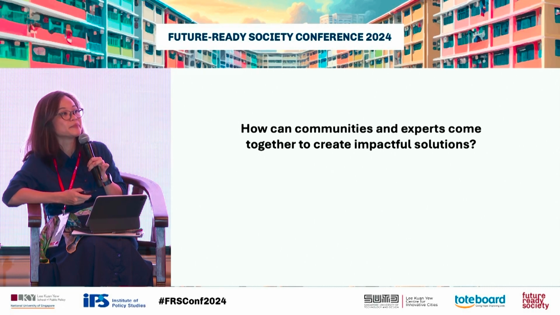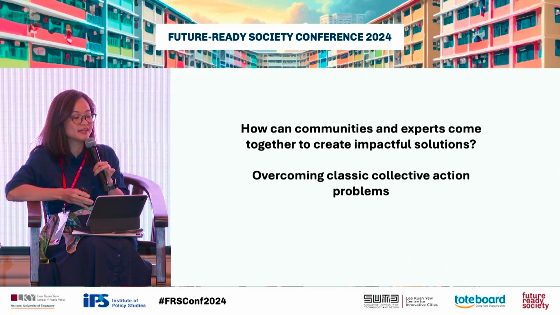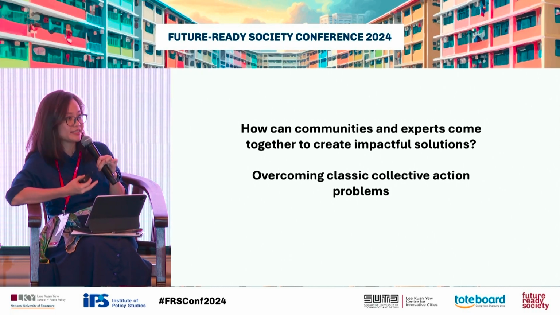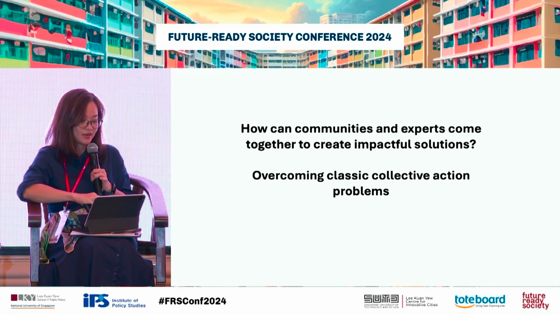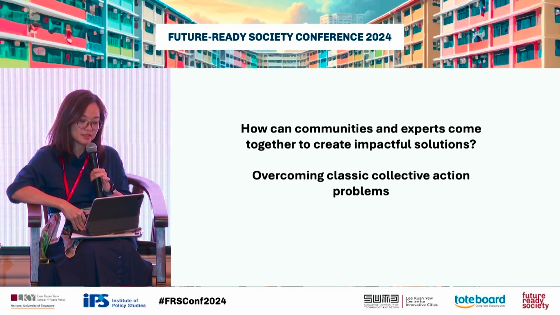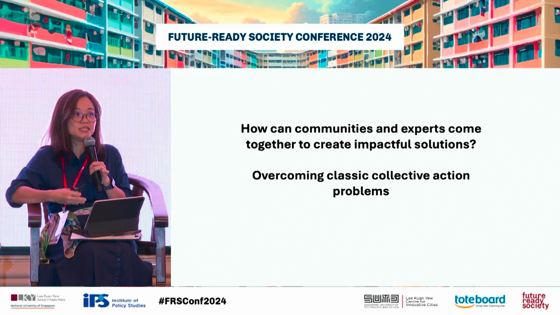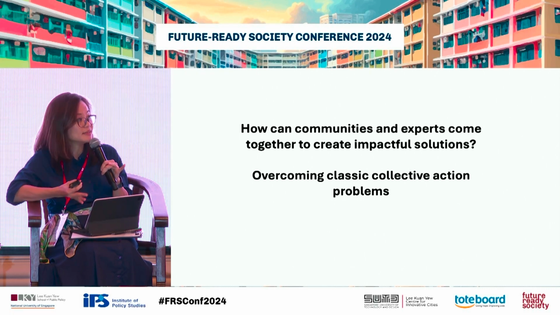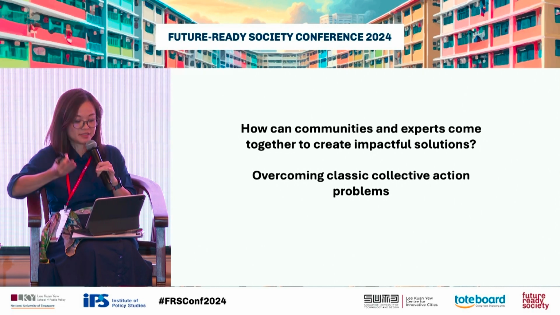That brings me also to my second take, right? In all these collective projects, how do we overcome classic collective action problems, right? For instance, collective inaction, because people didn't think that their effort will make a difference. The tendency to free ride on each other's efforts, especially when there are no incentives to differentiate their participation.